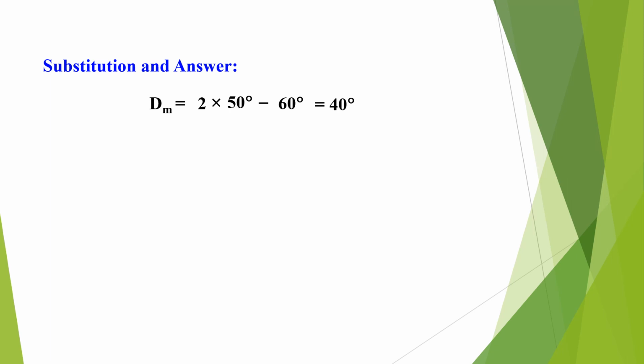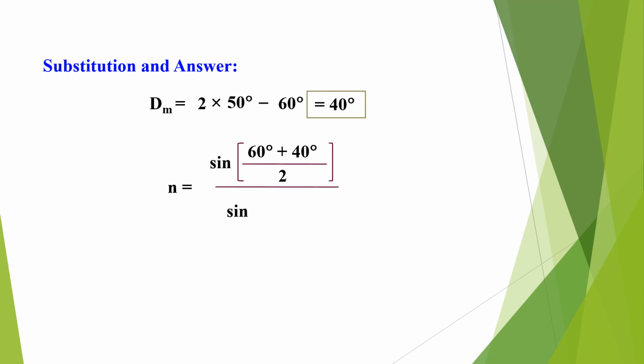That value will become 40 degree. So refractive index is sine of 60 plus 40 divided by 2 whole divided by sine 60 by 2. So n value will become 1.5 by calculating this one. So refractive index we got 1.5.